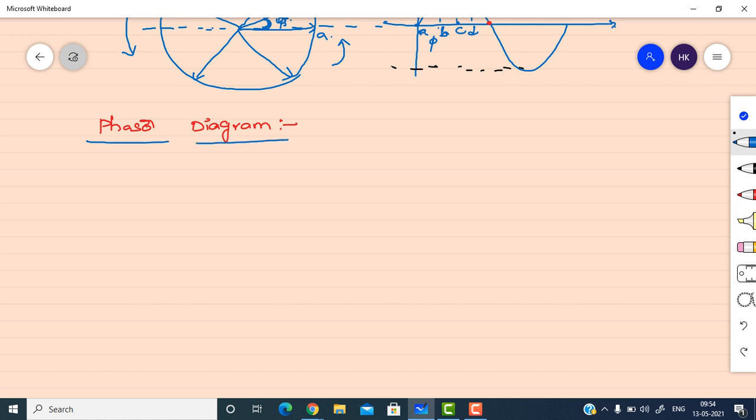So phasor diagram means in which different alternating quantities, and all the alternating quantities have the same frequency and same nature, that is sinusoidal nature only. If all the quantities are sinusoidal in nature and all the waveforms have the same frequency, then those phasors can be represented as individual phasors, and altogether it is called the phasor diagram.